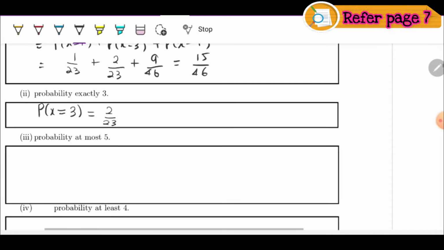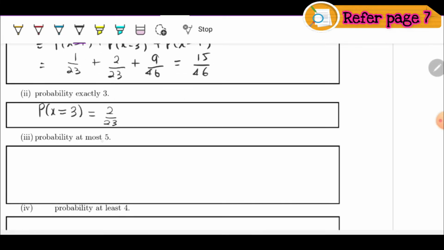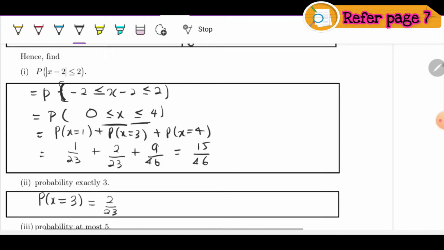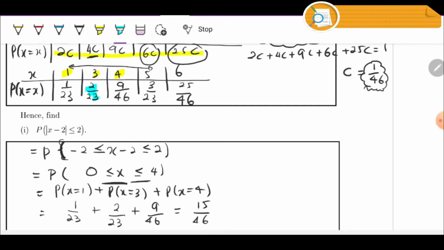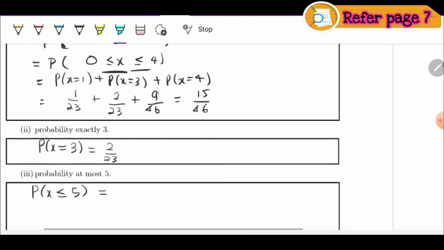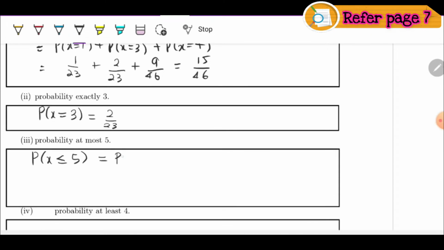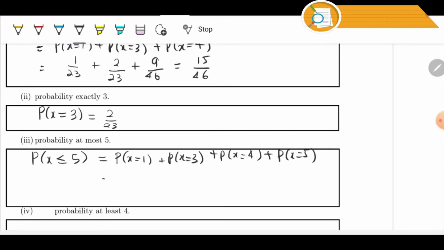Question number 3. Find the probability of at most 5. At most means x less than or equal to 5. X less than or equal to 5 means the values are 1, 3, 4, and 5. P(X=1) plus P(X=3) plus P(X=4) plus P(X=5).